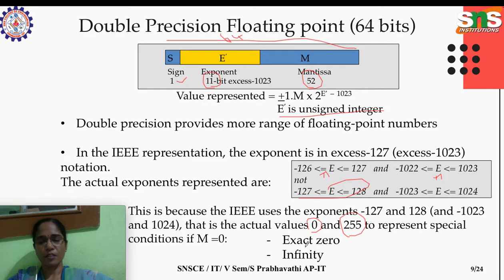That's the reason the bias is reduced by one, because we are not using these two numbers. They have special values, and the table in the following slide will make clear what special conditions these values represent.